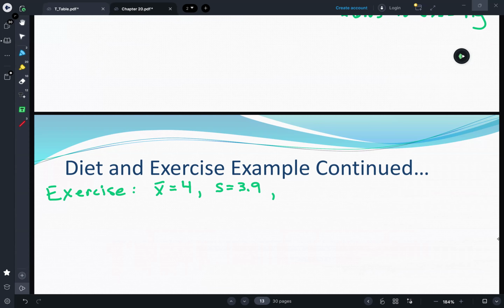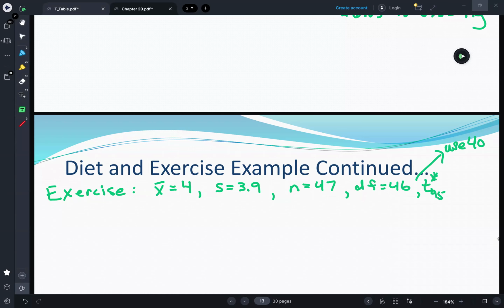And N is 47 volunteers. That makes our degrees of freedom 46. And our critical value T star on 95, this time we're going to still use 40 because we could use 50, but we can err on the side of caution and take the larger T.